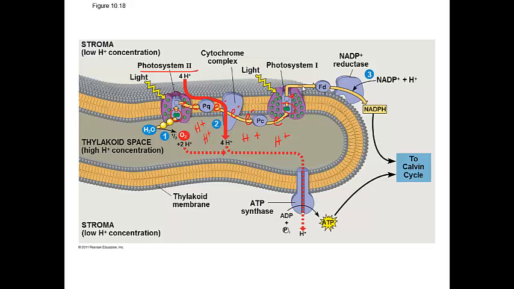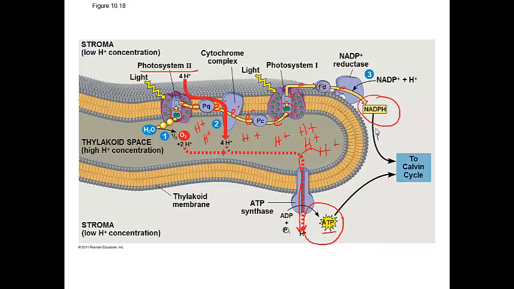Those electrons continue down a second electron transport chain till they reach the enzyme NADP reductase, making NADPH. And then using this gradient of protons, they have nowhere else to go except through this ATP synthase, and just like cellular respiration, use that proton motive force to create ATP.